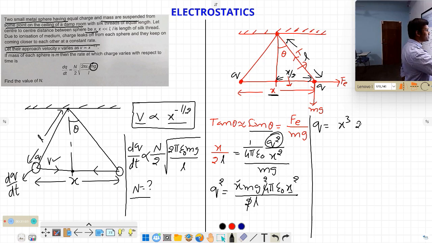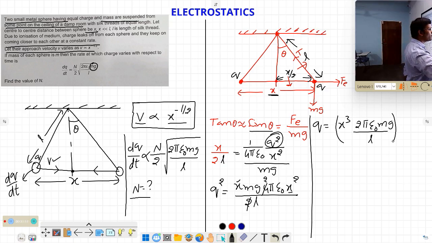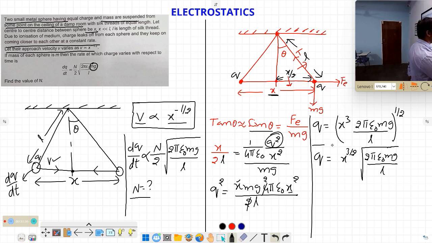That means I can write 2 pi epsilon naught mg by L, whole power 1 by 2, because the square, if you make it that side, becomes 1 by 2. So q is equal to x power 3 by 2, and the remaining everything you write in the form of root, that is 2 pi epsilon naught mg by L, according to the given question.